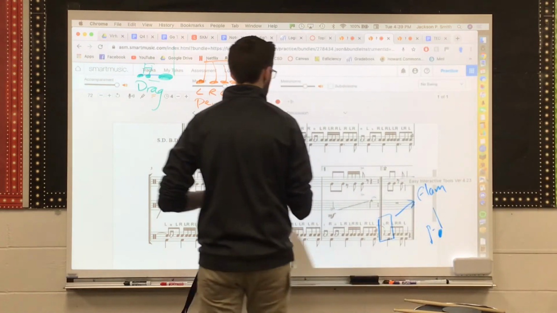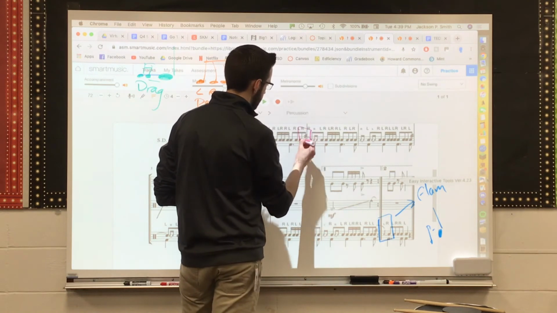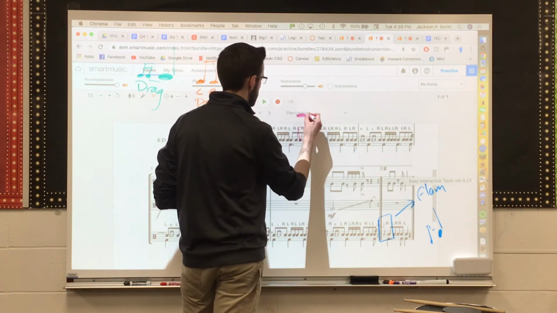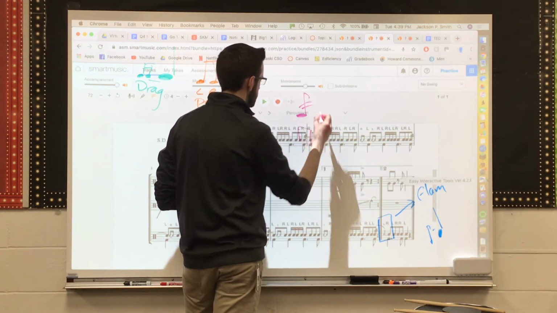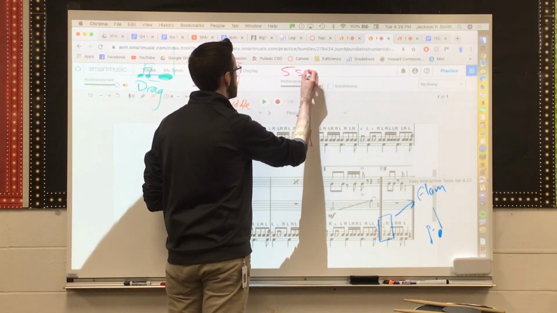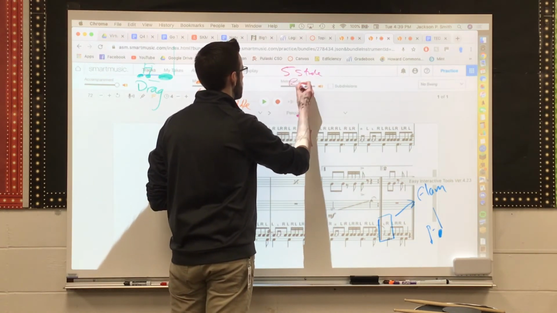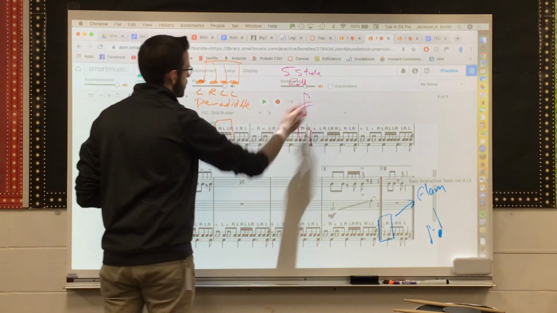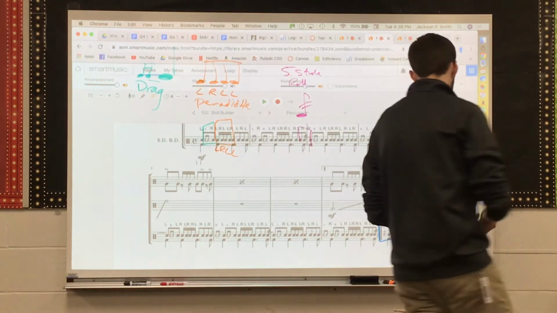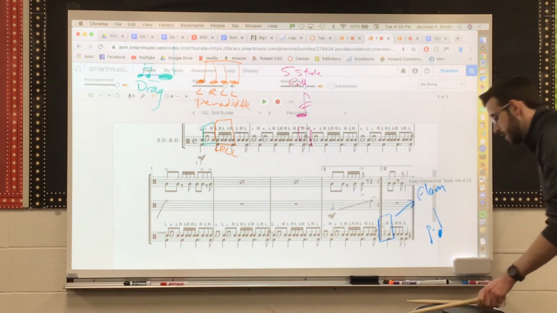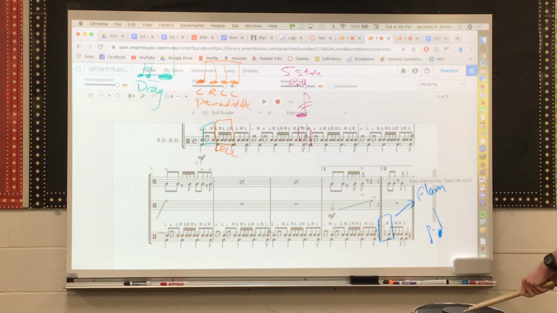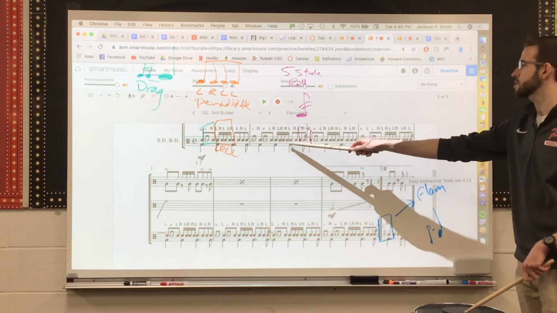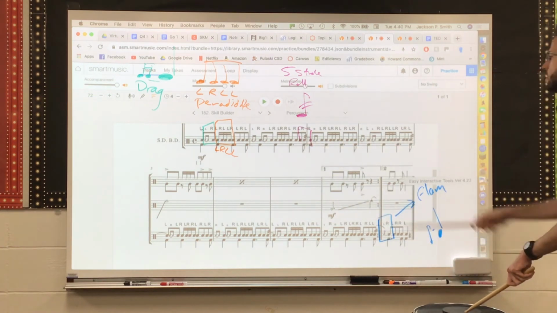Okay. So here's a five-stroke in eighth notes with two hash marks on it, which would be your five-stroke roll, or 3 doubled minus 1. So if we play, I'll play just this beat and this beat into the next measure.